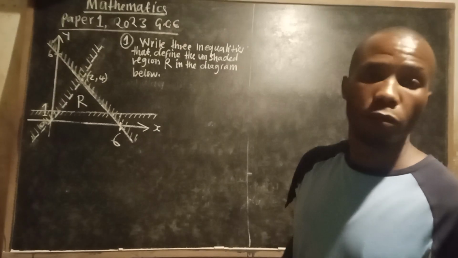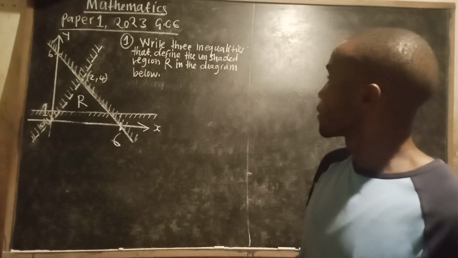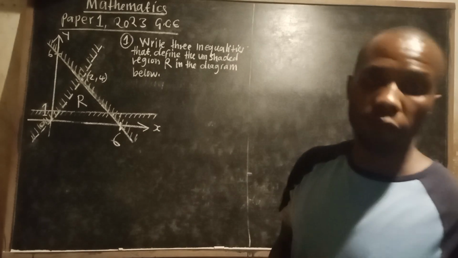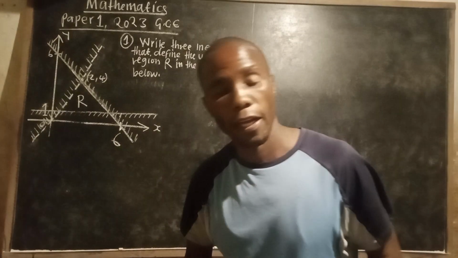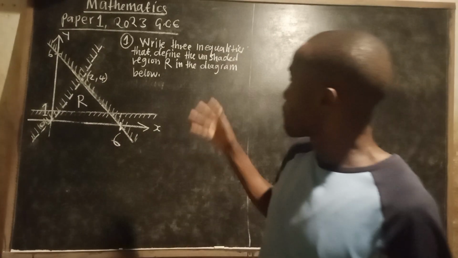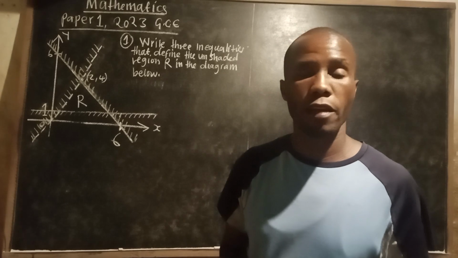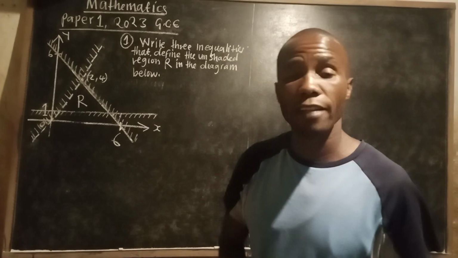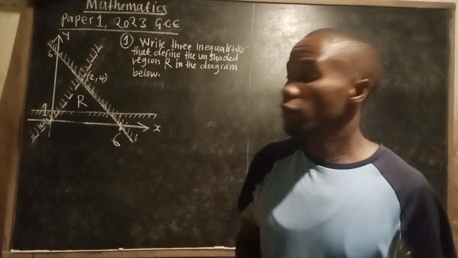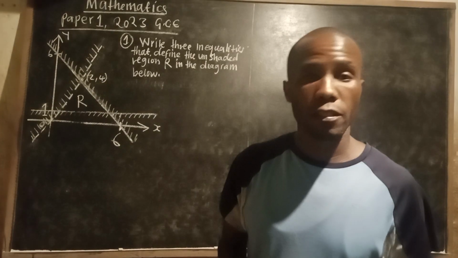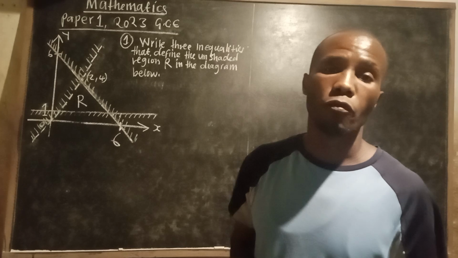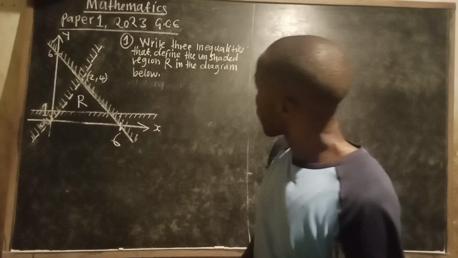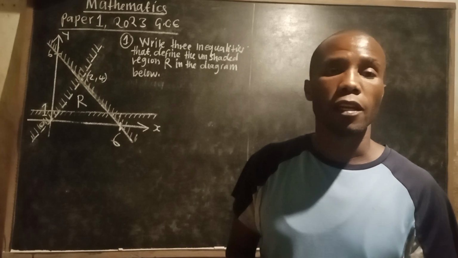Before I even start reading the question, I want to advise you as an academician that the best thing to do whenever you are given a question is to, one, understand the question, then two, identify the topic from which the question is coming.